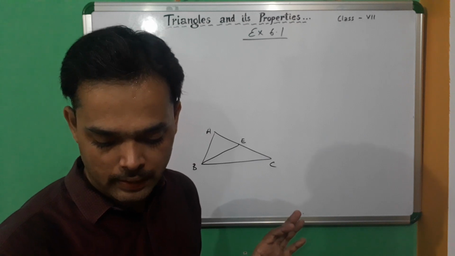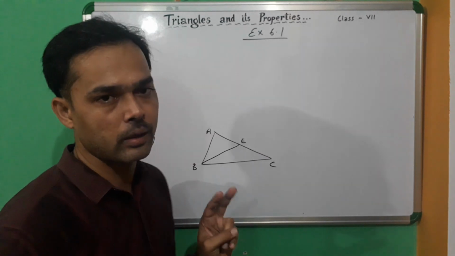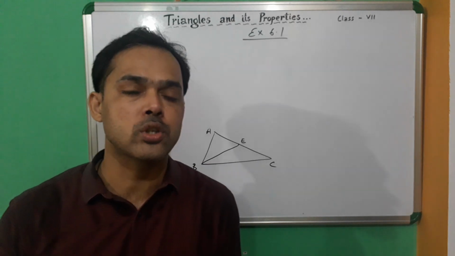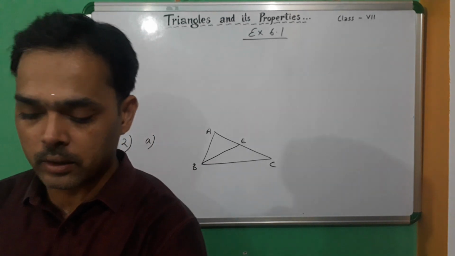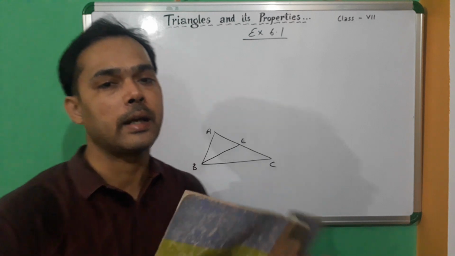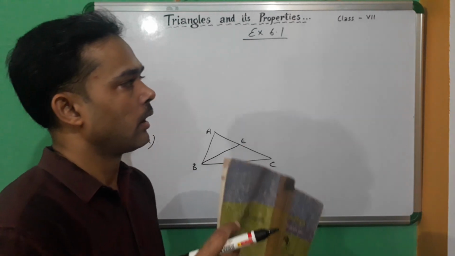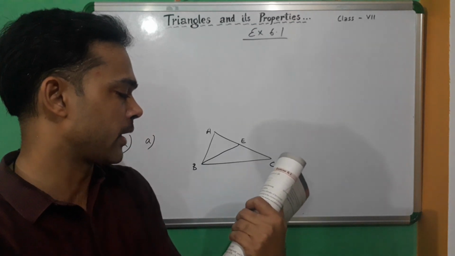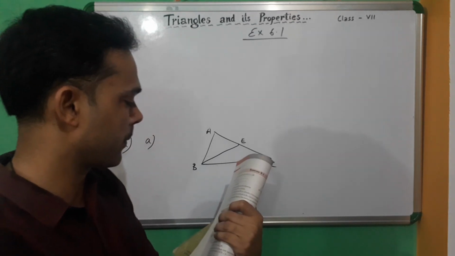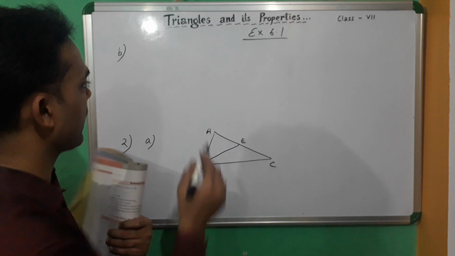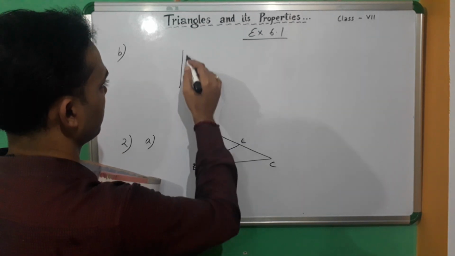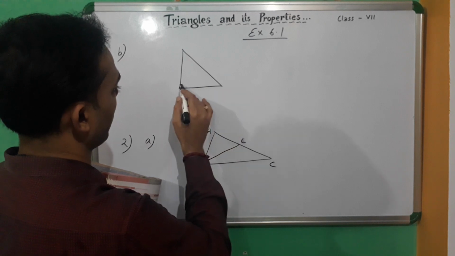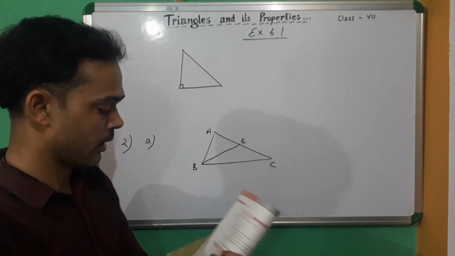Because it is PQ and PR, you know that whenever it is said that the altitudes of a triangle are the two sides, it will always be a right angled triangle. So I have drawn a right angled triangle.